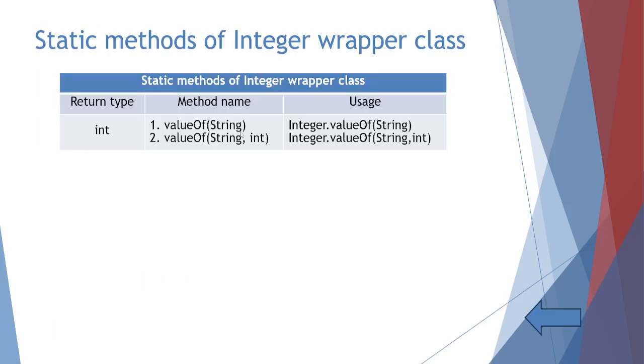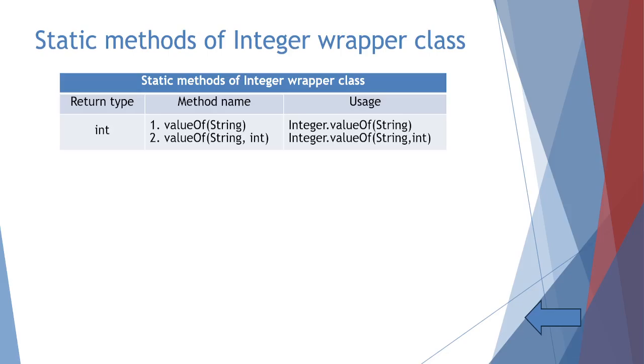Now let's see the important static methods. First method is valueOf with a string as a parameter. Second method, valueOf with a string and an int as parameters. This is method overloading: valueOf is the method name, but with different parameters.